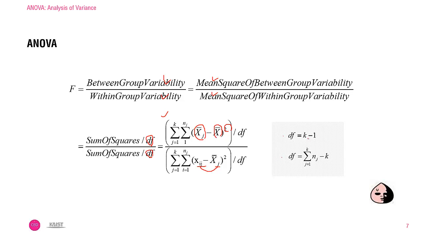The first degree of freedom indicates the number of groups. So if we use the data set, the research methodology class scores for the last 3 years, then K should be 3 because there were 3 sample groups.